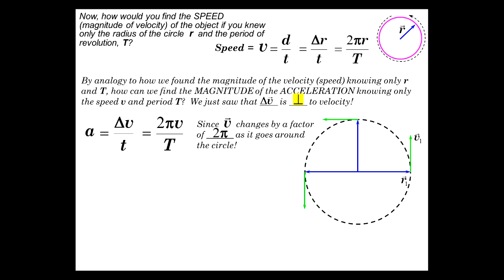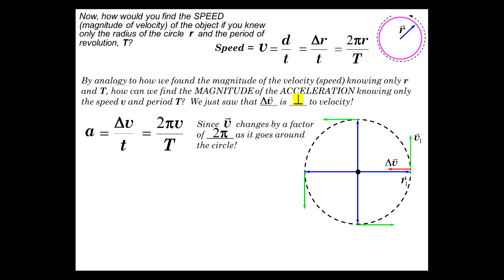Here again are the radii and the velocities at 4 different locations. And now we know that the delta v is pointing inward, because for v1, if we make delta t really small, v2 will be right next to it, and the delta v then connects the tips across, and it will be directly perpendicular.